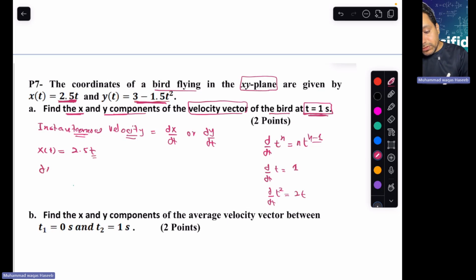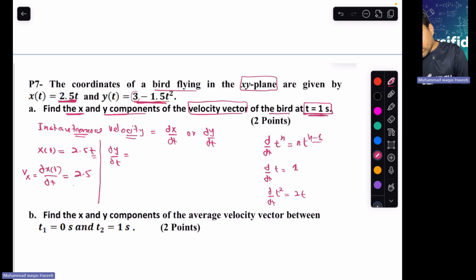So x of t is 2.5t, and the derivative dx/dt is 2.5. This is the velocity component along x. Now, what is the velocity component along y? We differentiate y with respect to t.